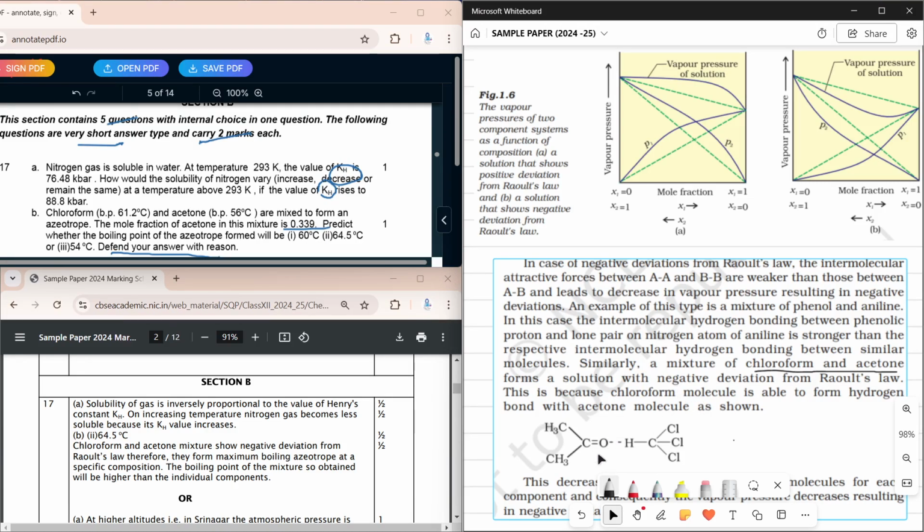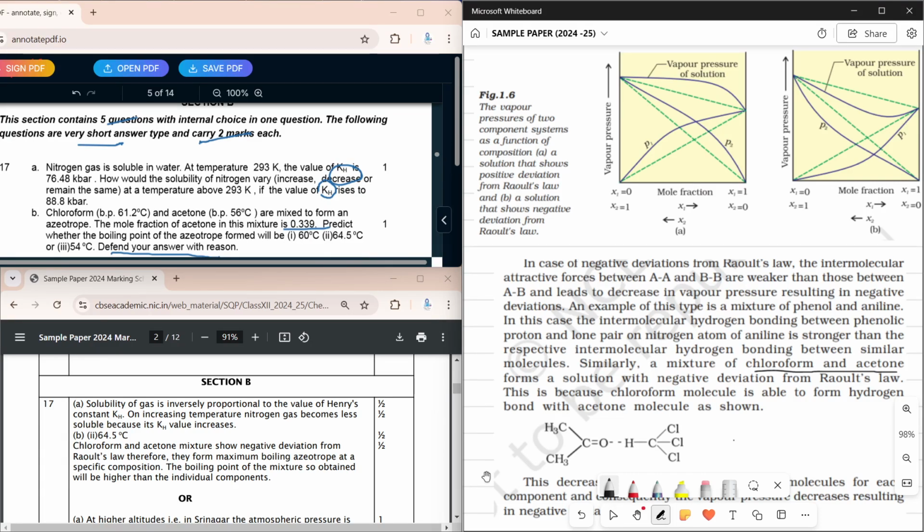This is because the AB interaction, that is the interaction between chloroform and acetone, is much stronger because of the formation of an intermolecular hydrogen bond. This in turn leads to a negative deviation from Raoult's law.